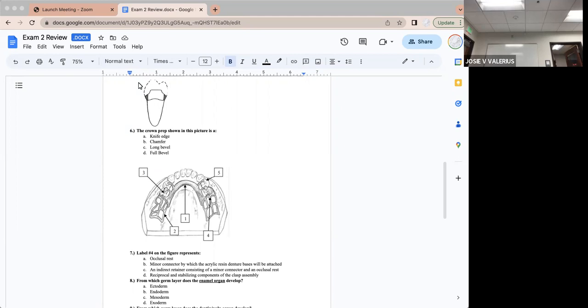Okay, number 6, this is another memorization matching question. Does anybody know which tooth prep or crown prep this is? If you don't, that's okay. This is page 144, and it's the full bevel.